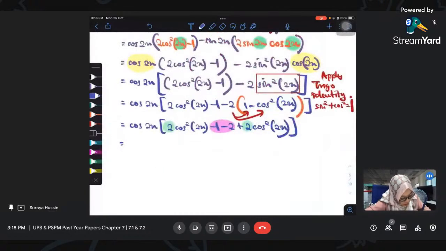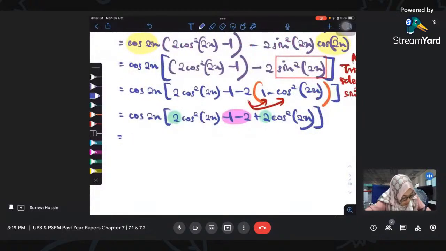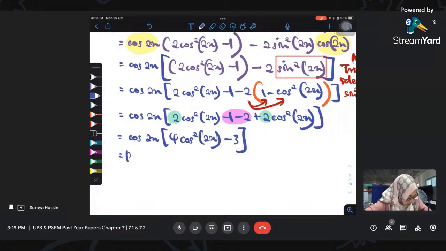So cos 2x times 4 cos squared 2x minus 3. And so this is your right hand side, and you have shown that you managed to get the right hand side successfully.